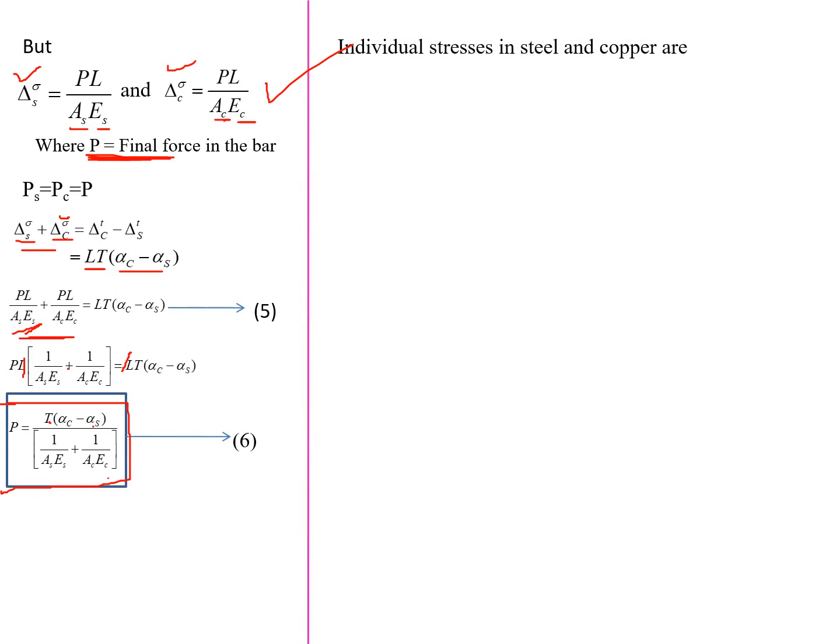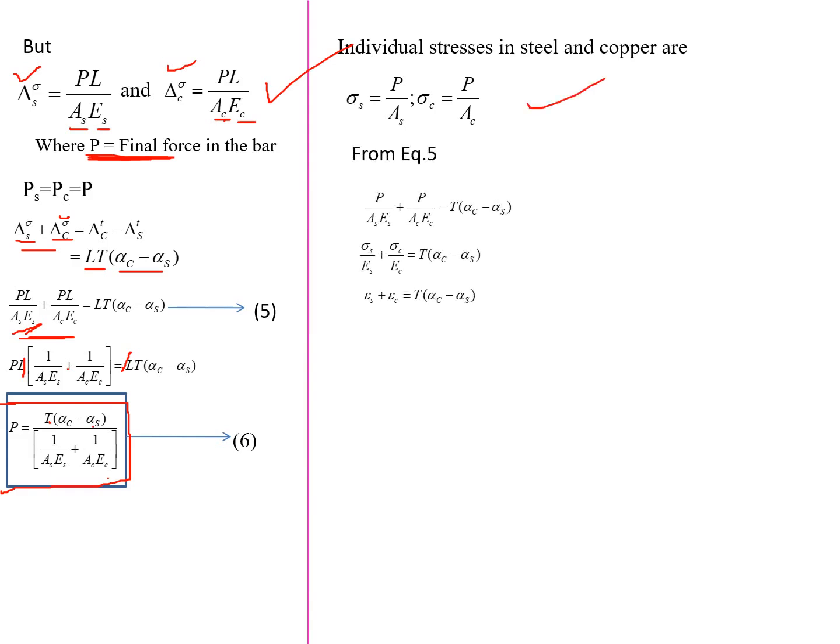Similarly, we have to calculate the induced stresses in the steel and copper. Stress is nothing but force divided by the cross sectional area. Directly we substitute the P value in this equation, and we will get the induced stresses in the steel and the copper. And one more thing we have to remember here, from equation number 5, P by L, L gets cancelled.